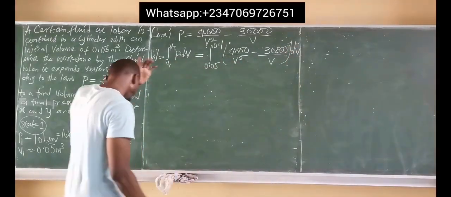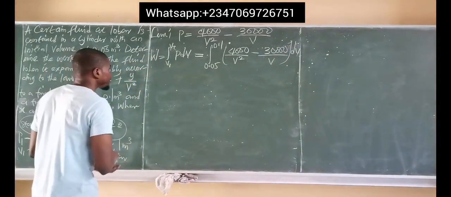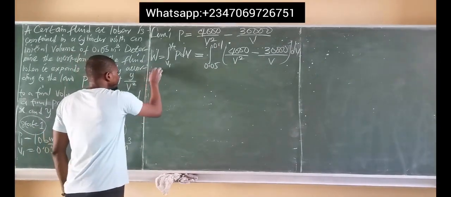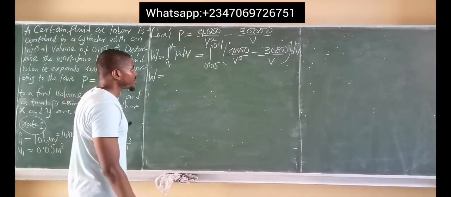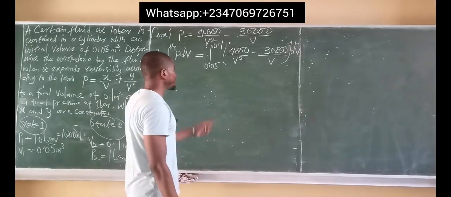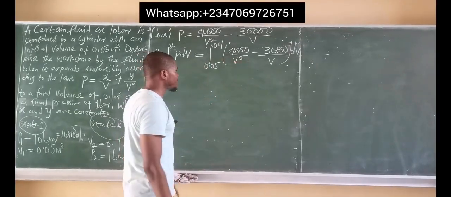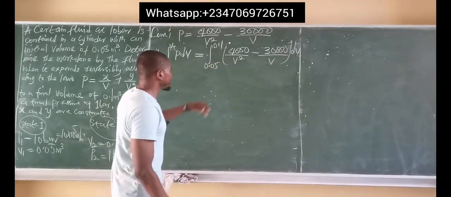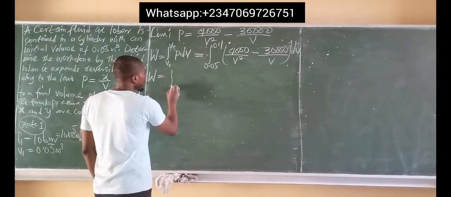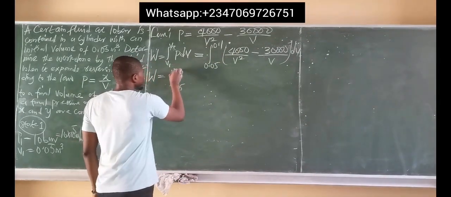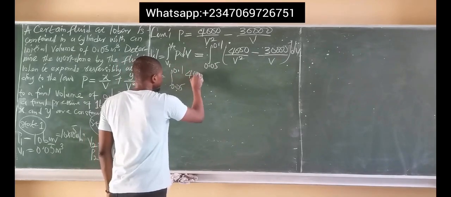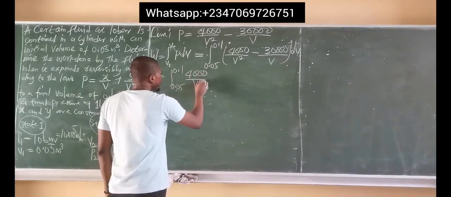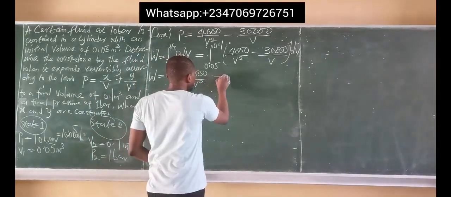All right. So you can simply expand with the integral sign. The integral of a difference is simply the difference of the integrals. So this multiplies this, gives us the integral from 0.05 to 0.1 of the first, which is 4,000 all over v squared, minus the integral again.